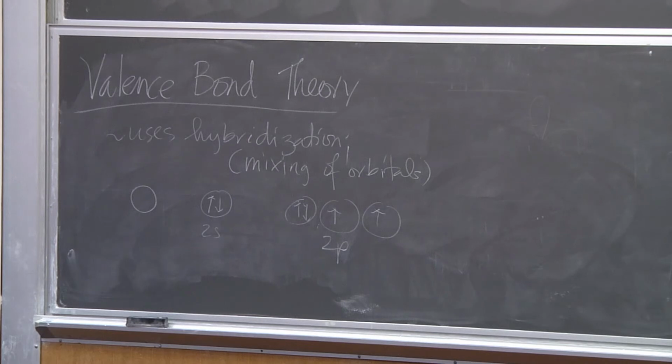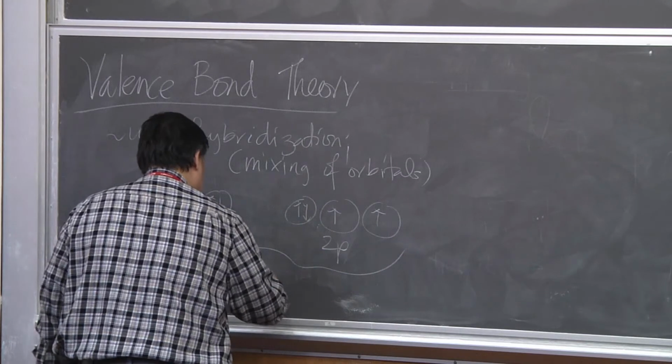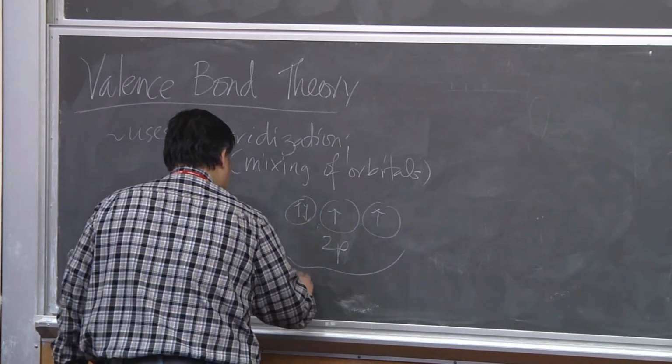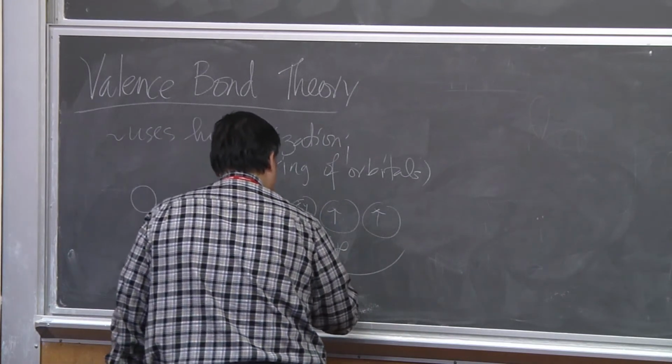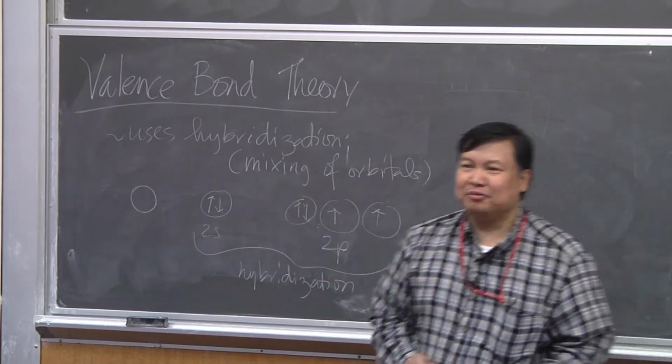So hybridization invoked that this orbital has to mix. So what do I mean by mix? They're going to mix this. So what happens when you mix them?